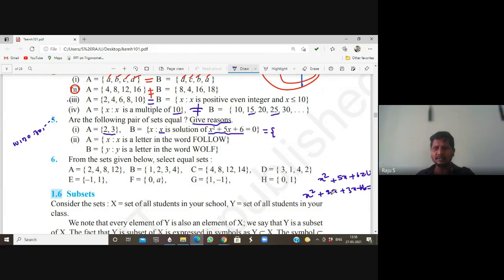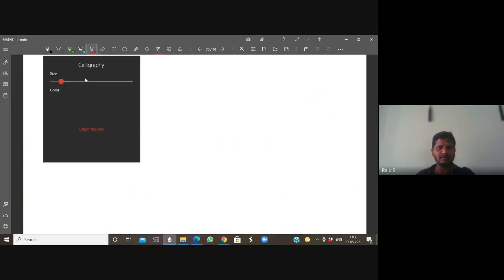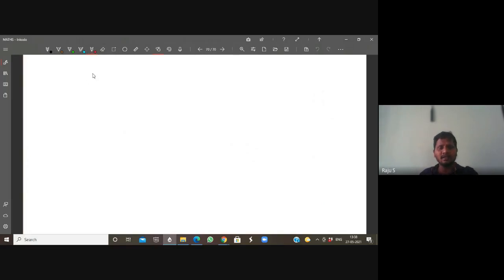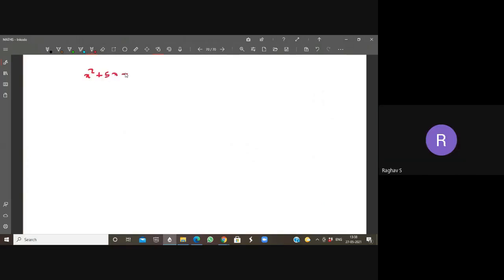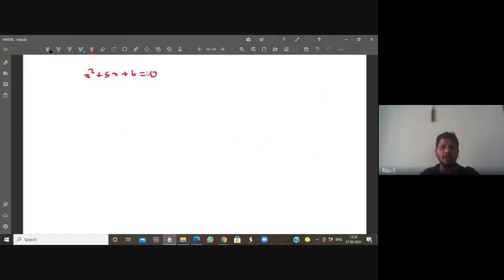Okay, we'll write like this. I'm writing roughly here, right? So at first you should find the factors. Yeah, as you said, that is right. x square plus 5x plus 6 equal to 0. Here I want to find the solution, the roots of this quadratic. Actually, if it is an objective question, no need to write all these steps.